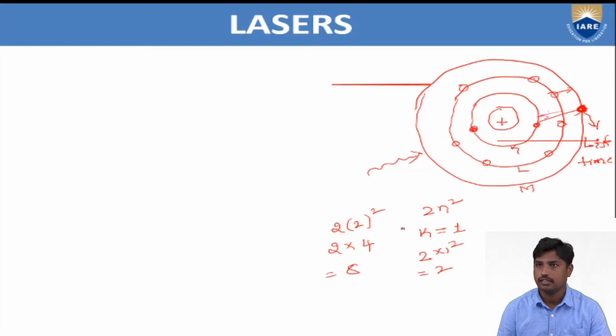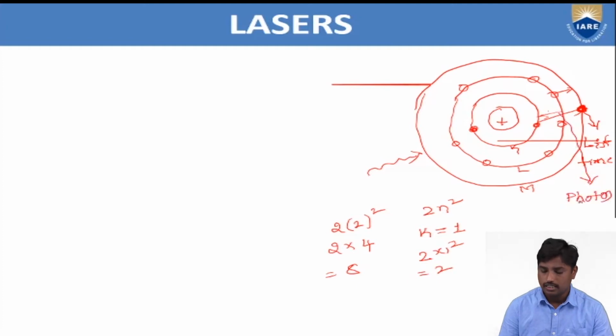While de-exciting to the lower energy state, a photon is emitted by the electron. This is called stimulated emission.